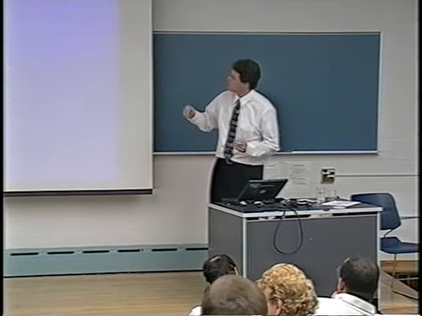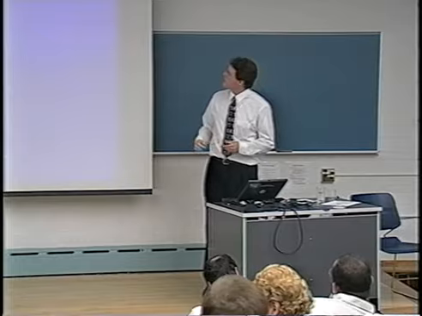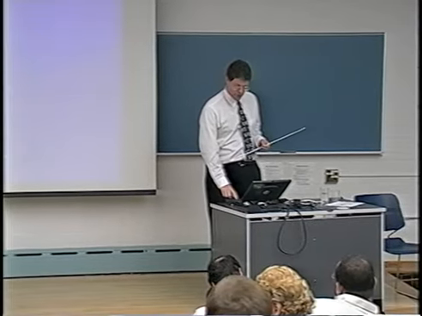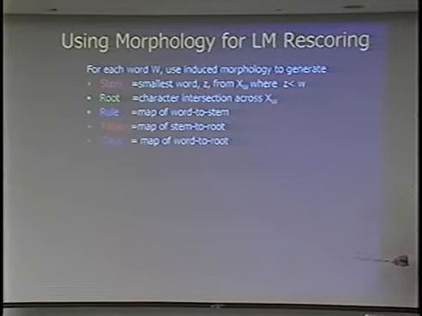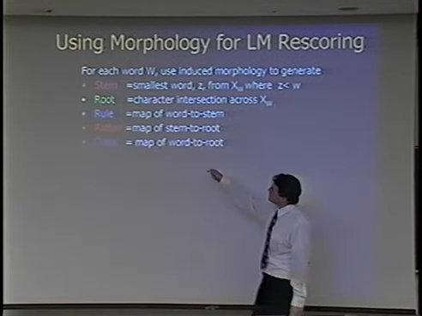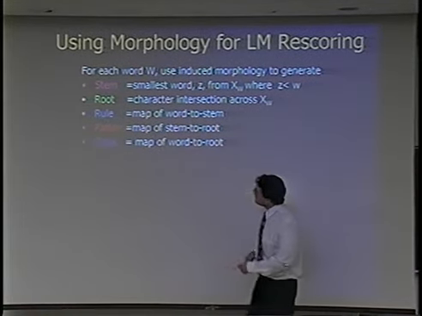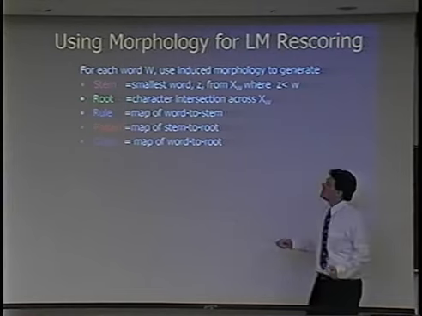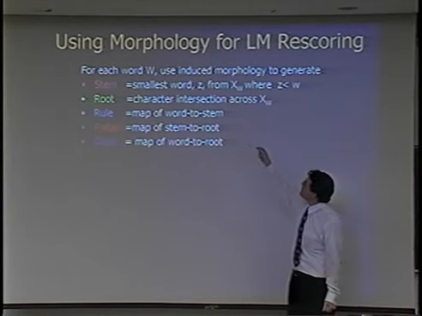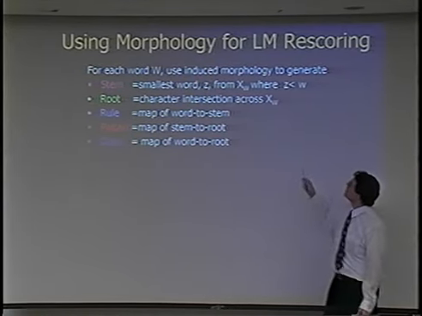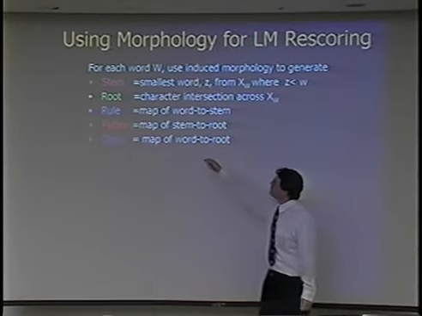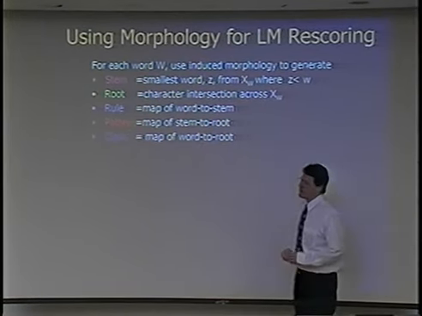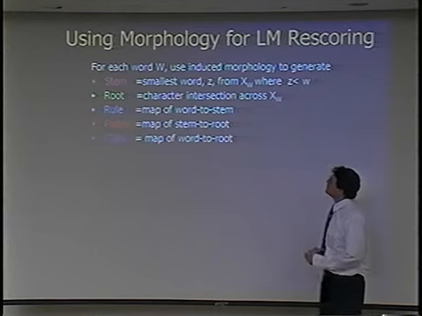But nonetheless, I thought it's a good time now to use morphology to try to do language model rescoring. So there's a number of things one can extract from a conflation set. One can extract a stem. I'm declaring a stem of word W to be the smallest word Z in W's conflation set, where Z is contained in W. I call a root the character intersection of all the words in the conflation set.